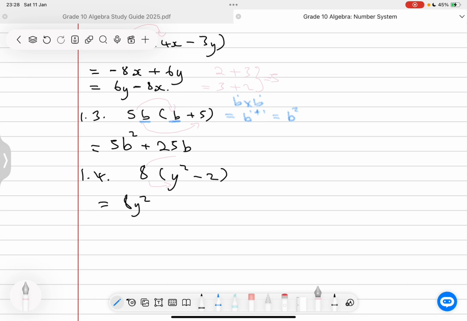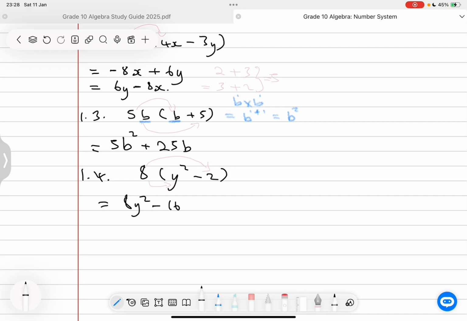And when we distribute or share the 8 with the 2, is going to be 8 times negative 2, right? And this will then give us here a negative 16, right? Because 8 times 2 is a 16, right?